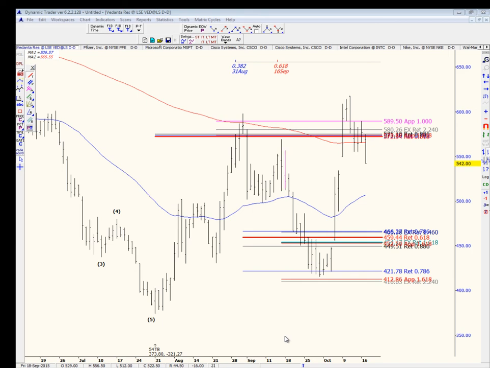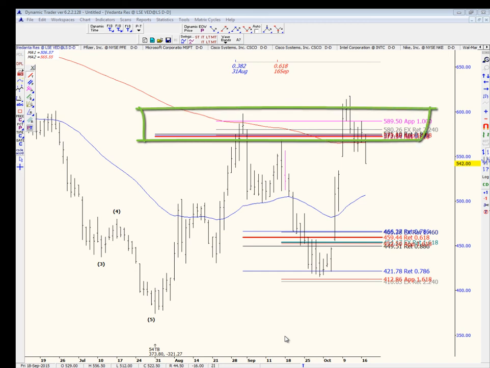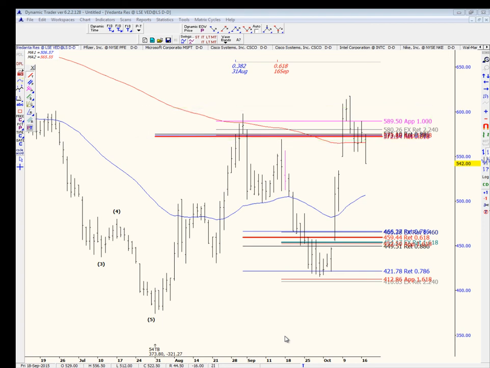Okay, so the 572 to 589.50 again has proven to be a level of significant resistance, and we would simply repeat the same process, wait for our entry technique and re-enter the trade. Okay, so even if this does fail, the zones will allow you to re-enter the trade because they will still act as levels of support and resistance, and all you'll need to do is employ the same strategy to get in. So let's move the market on and let's see what the market does from this point.